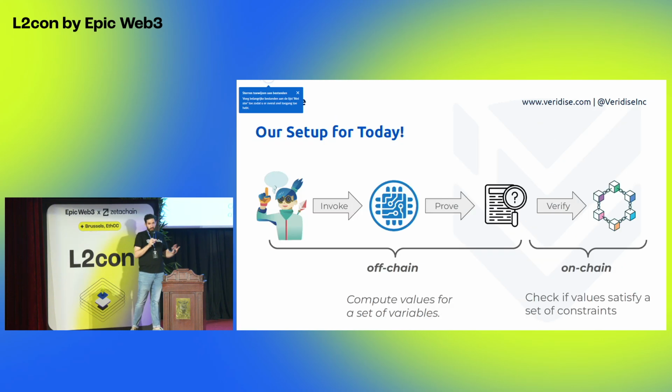To begin with, I'm going to start with our setup for the day, just to make sure that everybody's on the same page. When I talk about a ZK audit, I mainly talk about a system that has two components: an off-chain component that computes a proof of a very lengthy computation, and another component that lives on-chain that validates the proof.